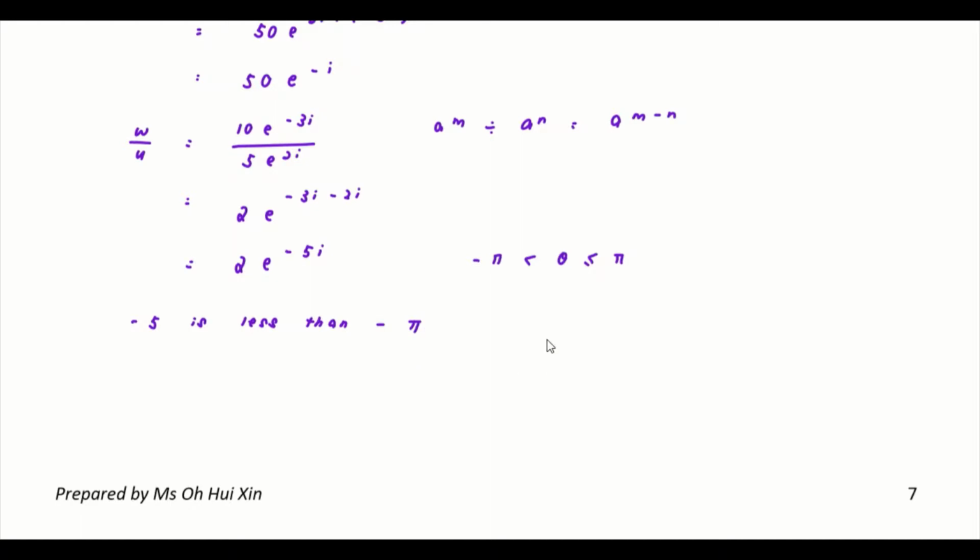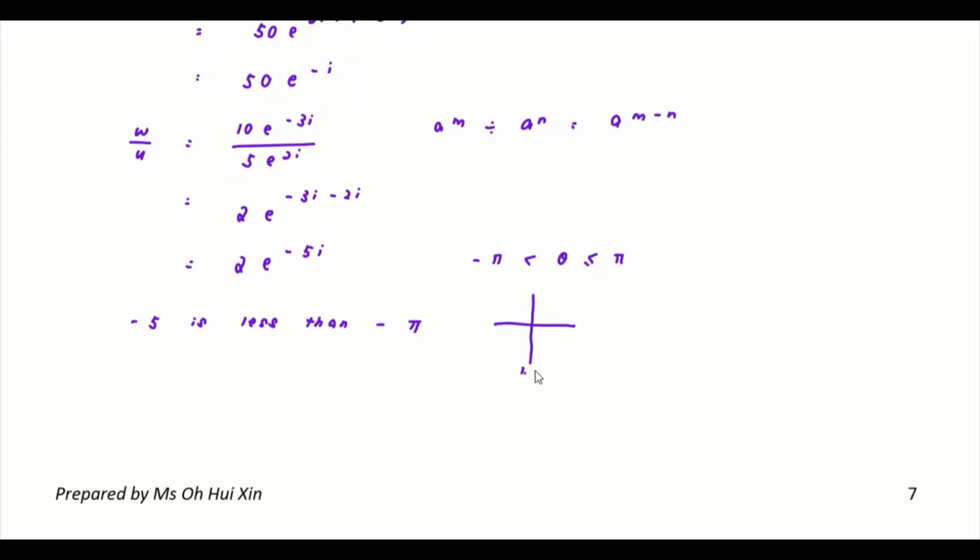Okay, so we can try to draw it and see what negative 5 looks like. You can imagine pi is 3.142, so pi over 2 is something like 1.57.